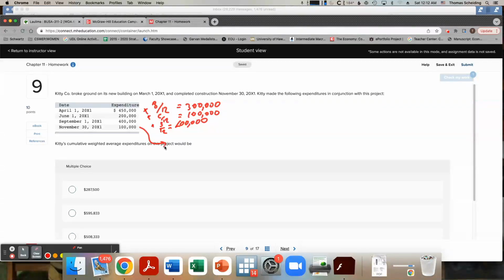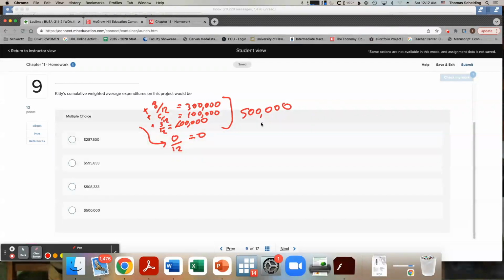And then this is actually on the completion date, so it'd be 0 over 12, which is 0. Summing that up, that is $500,000. And so there would be our correct answer there.